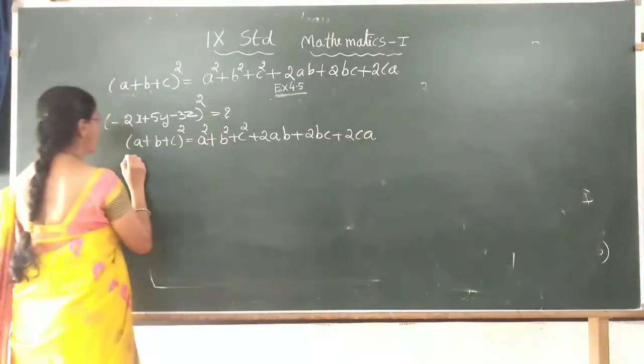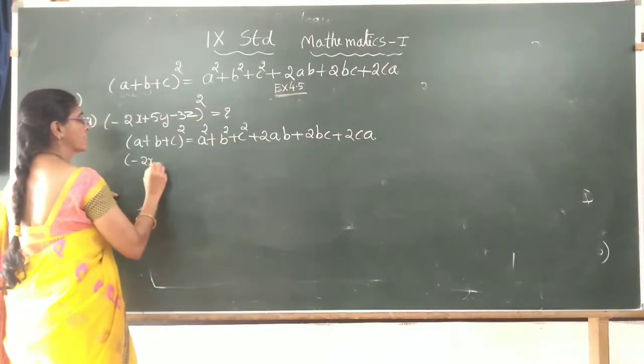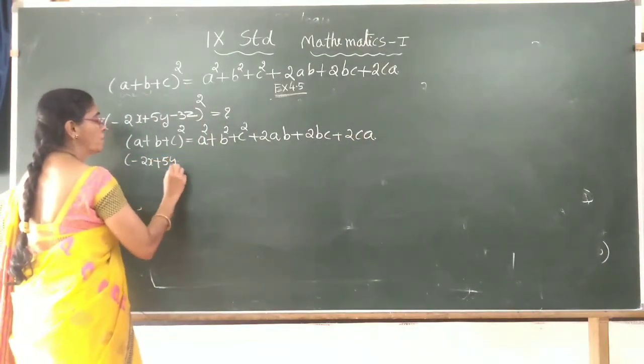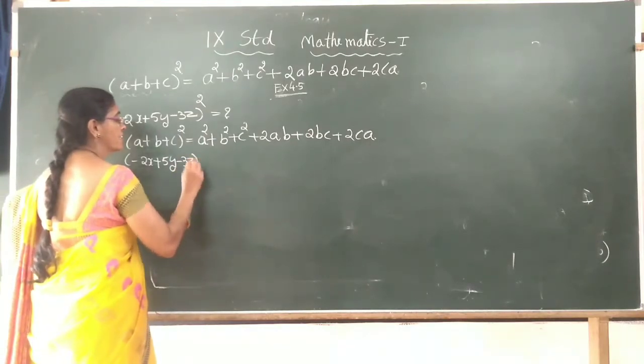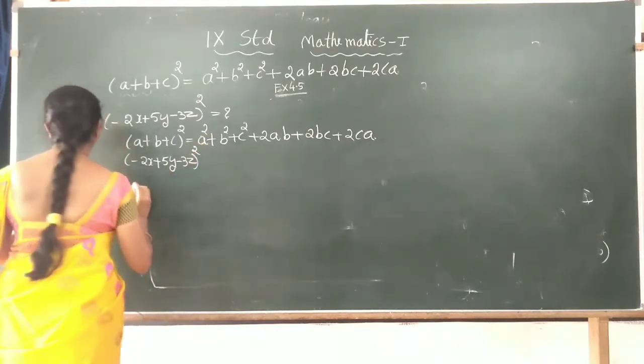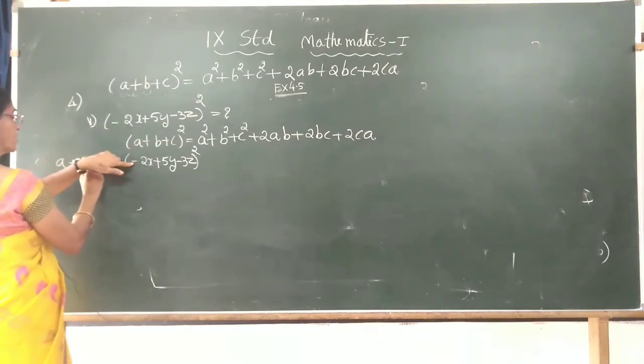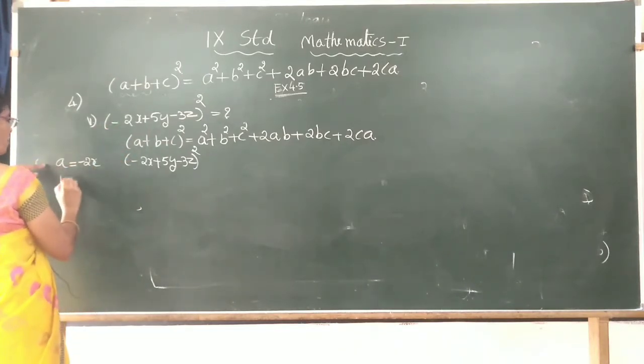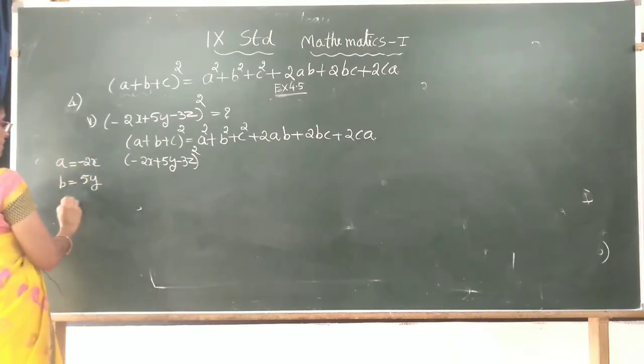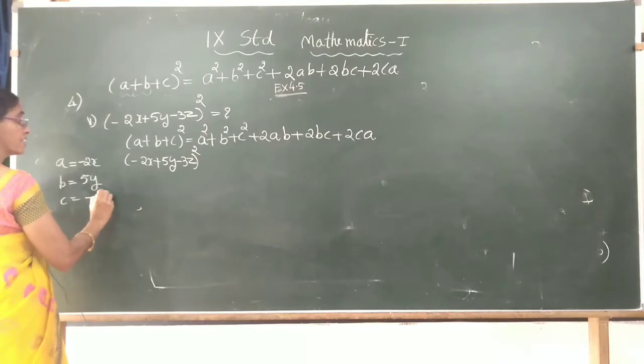Now write your problem: (−2x + 5y − 3z)². Before solving, write what we have in place of each: a is minus 2x, the minus sign is important. B is equal to plus, we are not writing plus, 5y. And in place of c it is minus 3z.